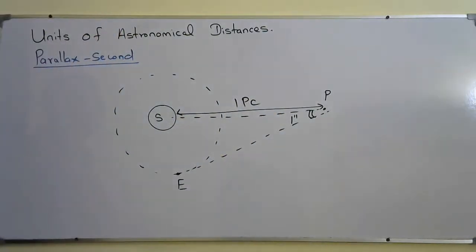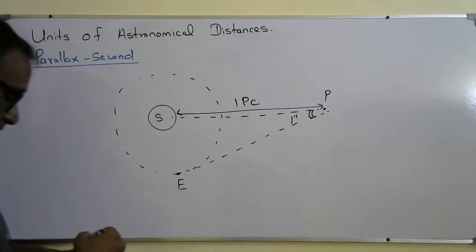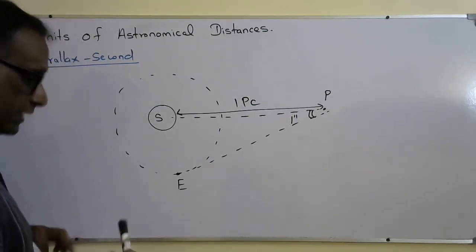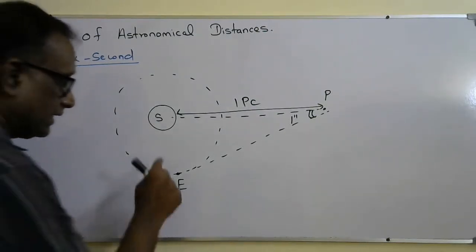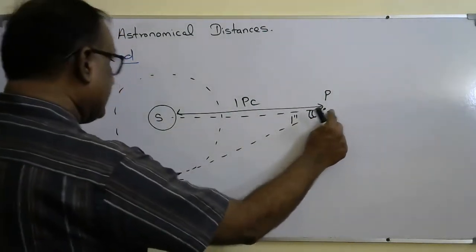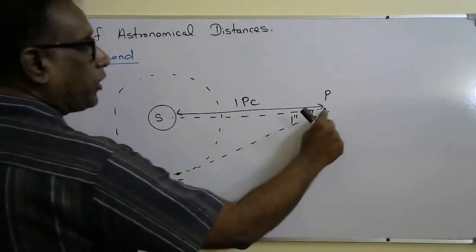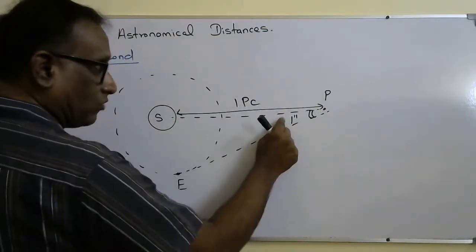I hope you understood how we define it. In space, we imagine a point P such that the angle Earth, point P, Sun becomes 1 second.